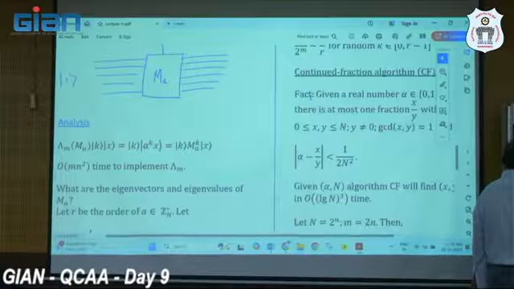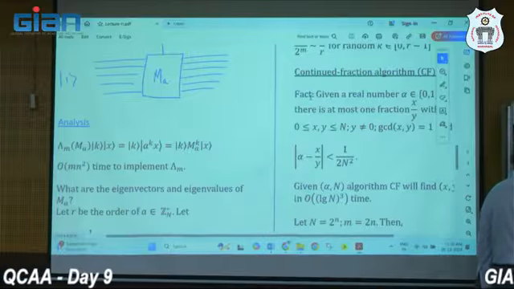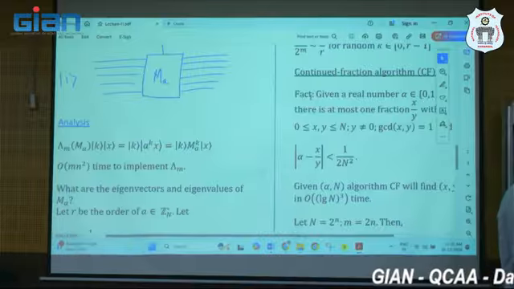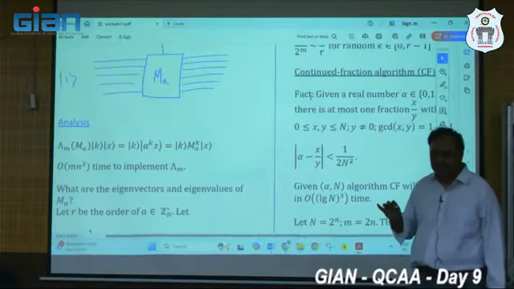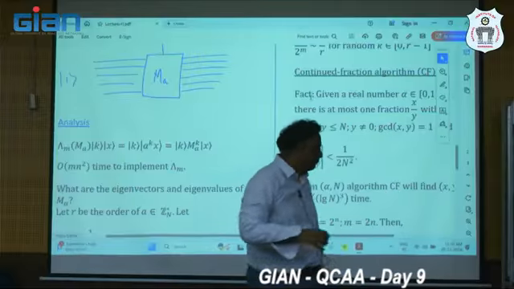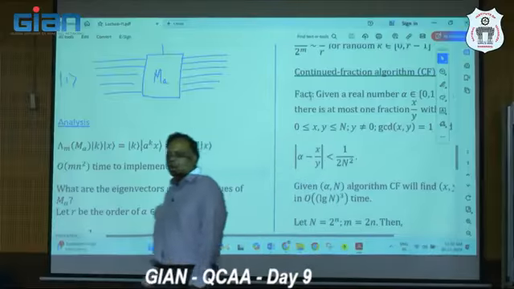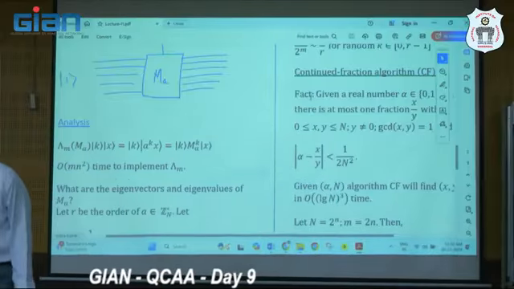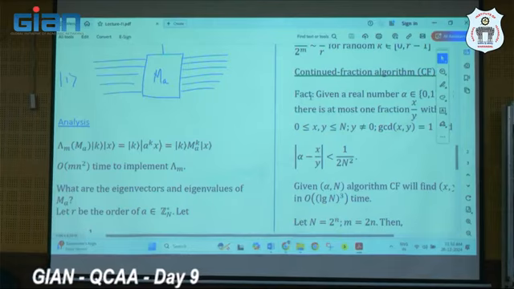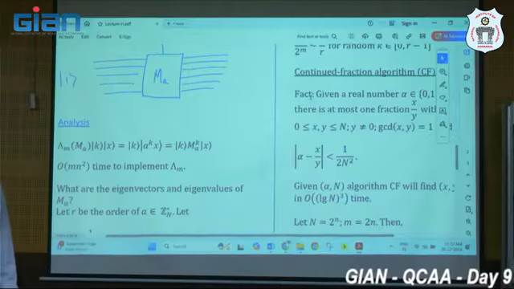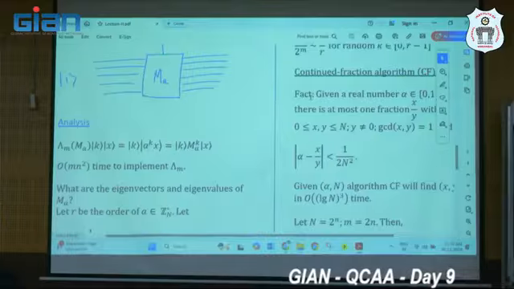Where are we reaching? a to the power 2 to the k. Agreed? So even if the power is exponentially large, we can still do it using only k iterations, k multiplications, correct? So that is saving us, you see.